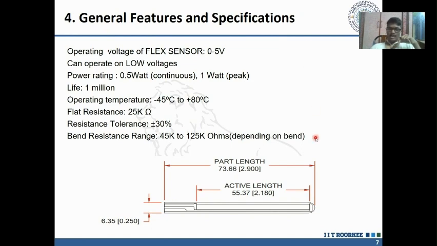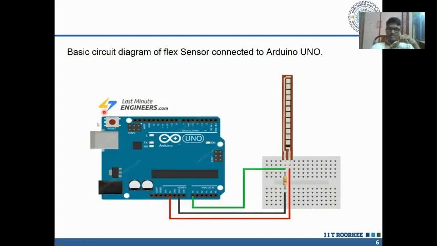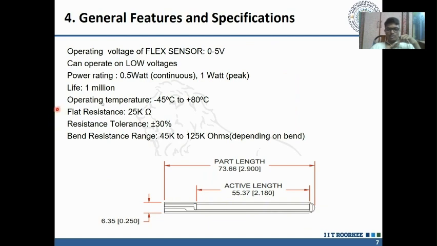And these are the general features and specifications of the flex sensors that are available in the market. The working voltage range is 0 to 5 volts. They are usually low because generally we use them with Arduino, so the power rating is in the range to suit the Arduino Uno. And the temperature range can be this range.